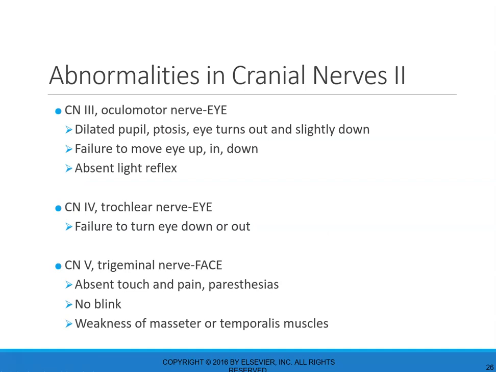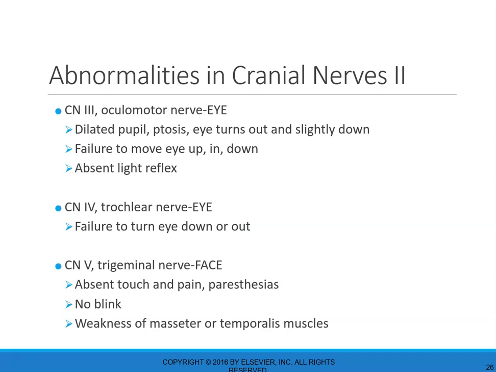For cranial nerve 3, you may notice dilated pupils, ptosis, the eye is turned out, the inability to move the eye up and down or even in, or absent light reflex.